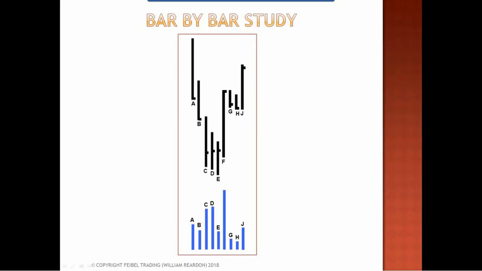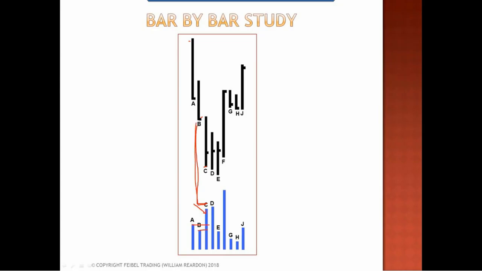Now think about this. With over twice the amount of volume than B, and a good 40% more volume than A, the spread is actually smaller than A and only a little bigger than B. So if all this volume, which is activity, was genuine selling, we would have a spread that comes down and closes like this.